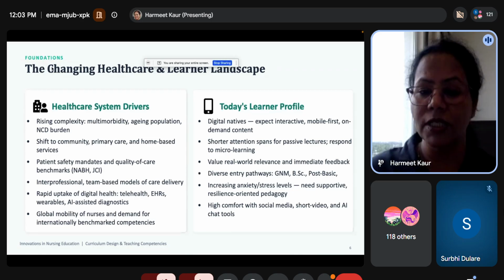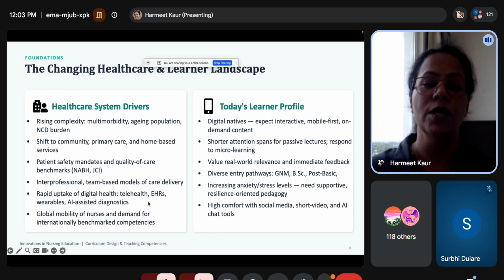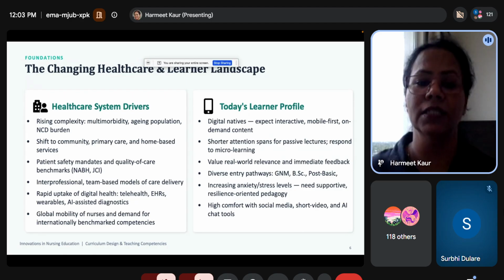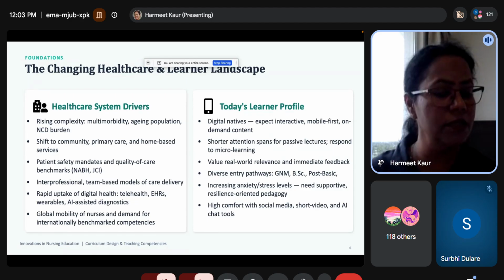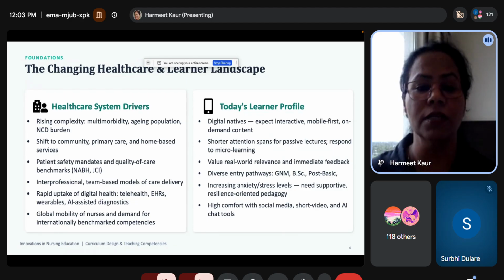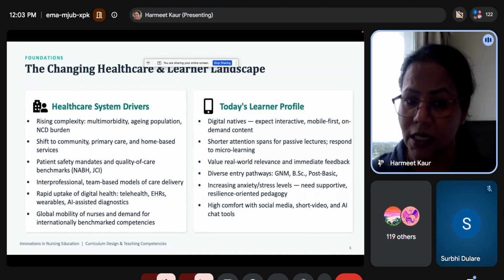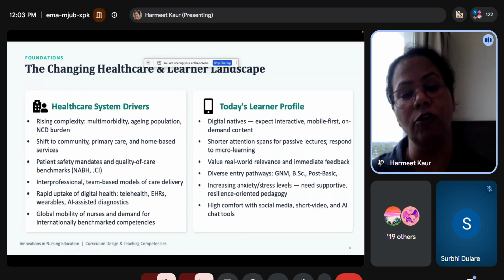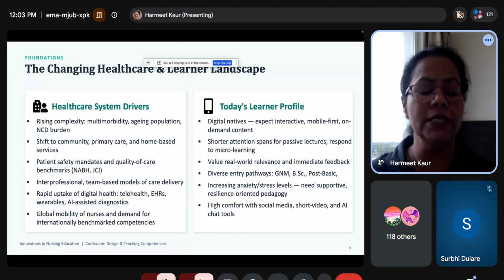Then rapid uptake of digital health: we have to prepare them for digital healthcare, where telehealth is an integral part, EHRs, wearables, AI assisted diagnosis. They should know what it is, and how we can be part of this digital health innovation, right?